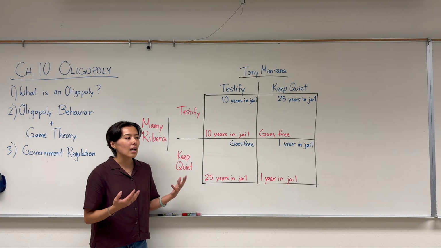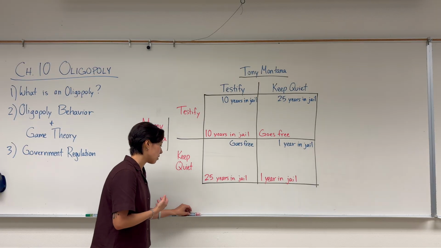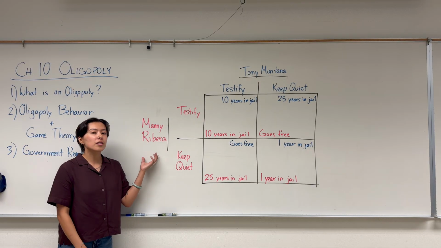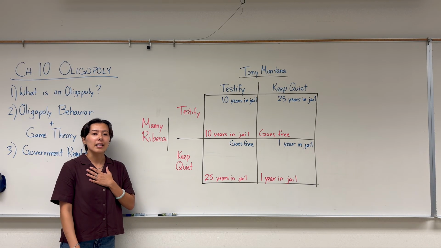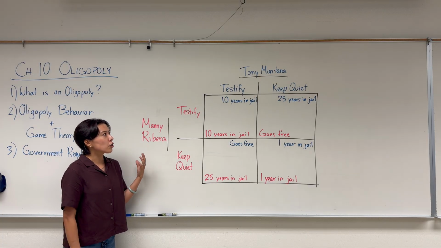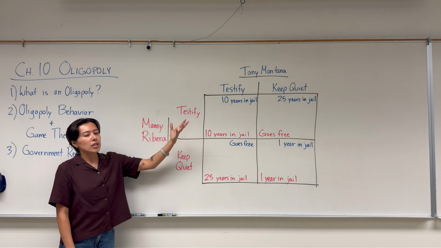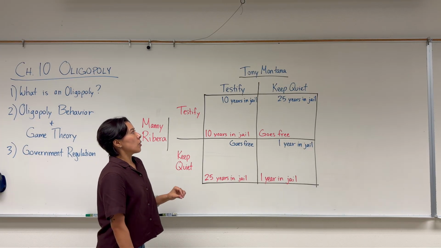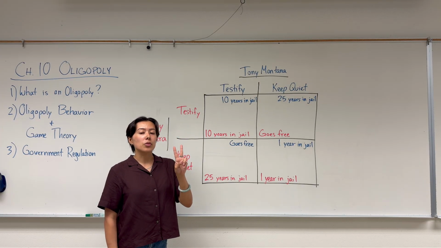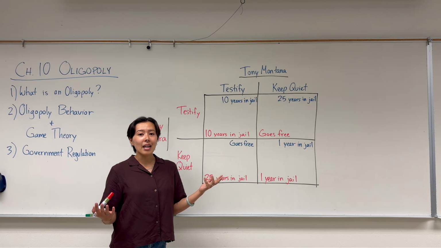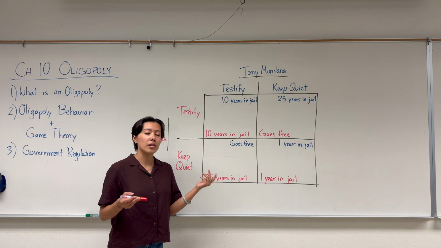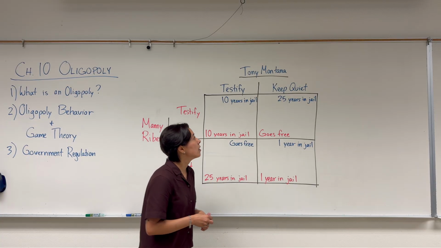So let's see how our two players are going to make their decisions. First, I'm going to imagine that I'm Manny. So I'm going to put myself in Manny's shoes, and I want to see what's my best choice here. So let's imagine two hypothetical situations. This is what Manny's going to consider when he's deciding whether to testify or to keep quiet.